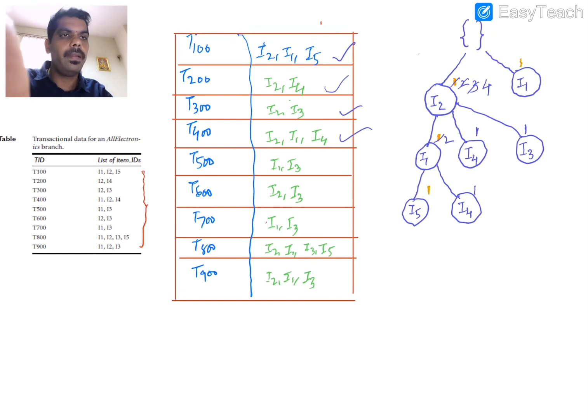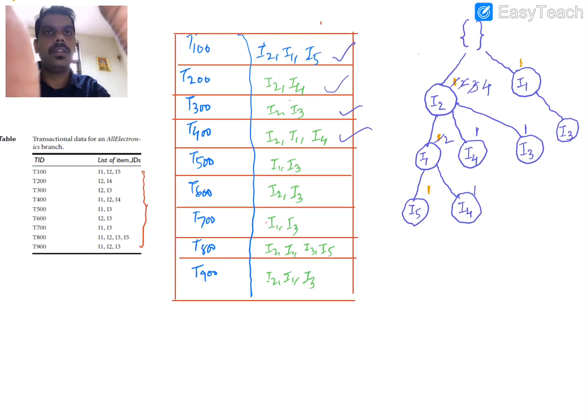Next, I3 at second level. There is an I3 at second level, but the parent there is I2, and here the parent is I1. So what we have to do? We have to take the frequency 1 again.